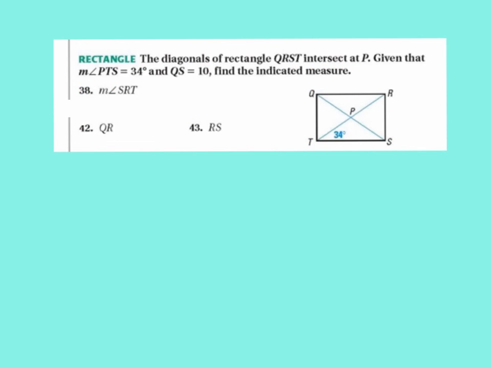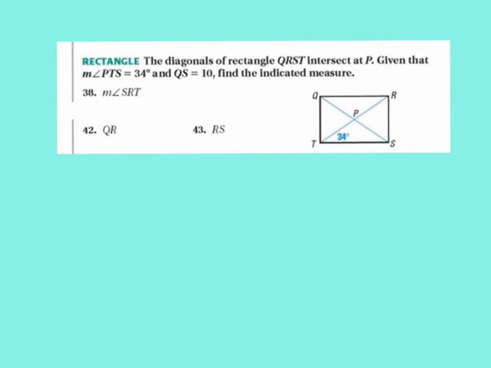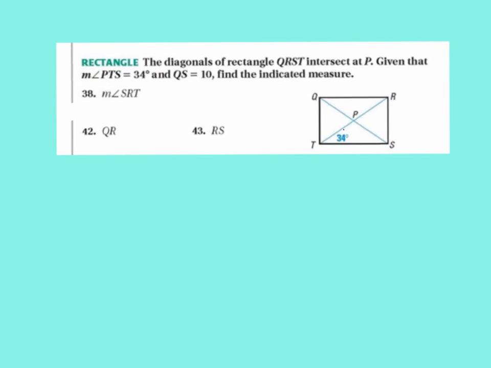All right, this is for 42 and 43. It says the diagonals of the rectangle intersect at P, given that angle PTS is 34. So if PTS is 34, which is here, and QS is 10, and you want to find QR, let's say I want to find this side, and then RS, let's say it's this side.